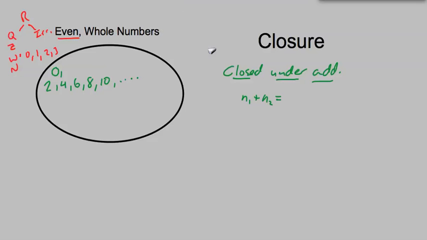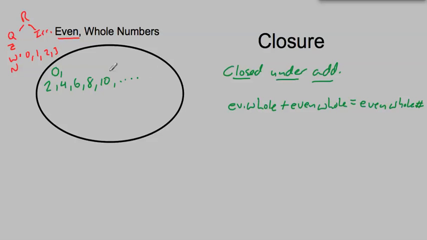Let me be a little more specific here. If I have an even whole number plus an even whole number, if it is closed under addition, I should end up having an even whole number.